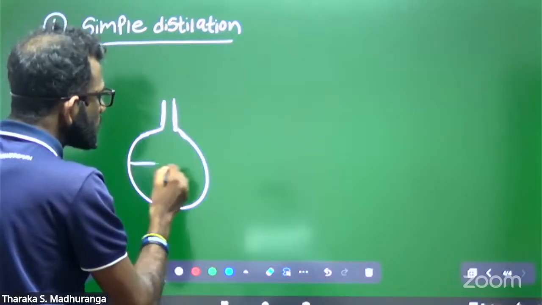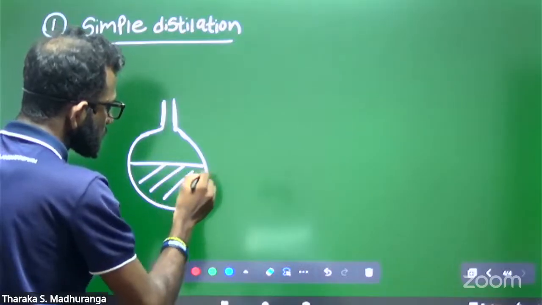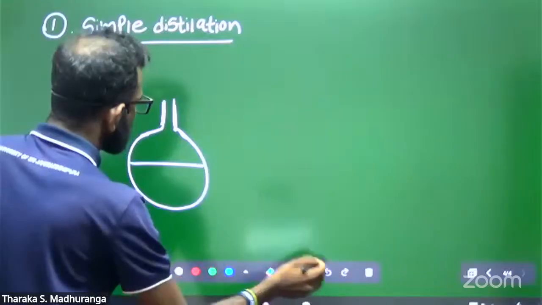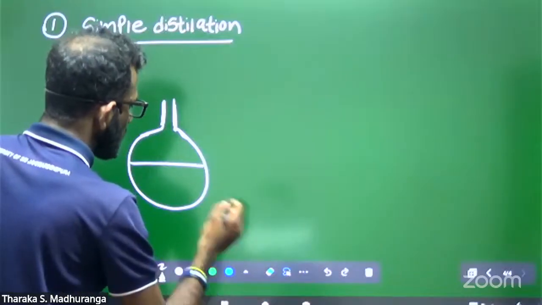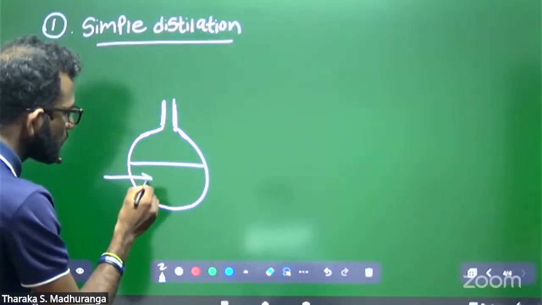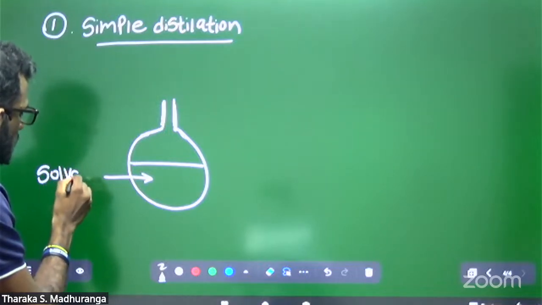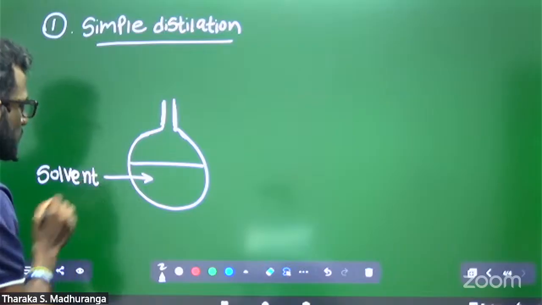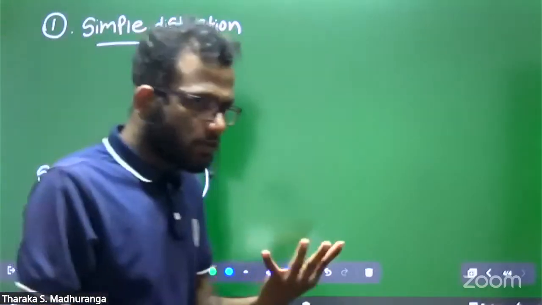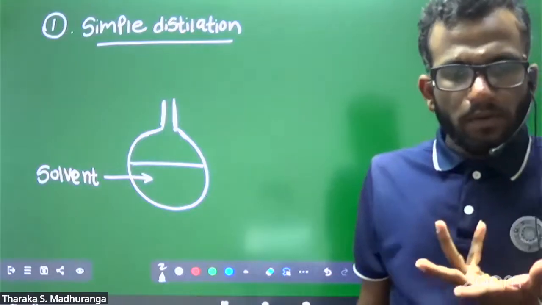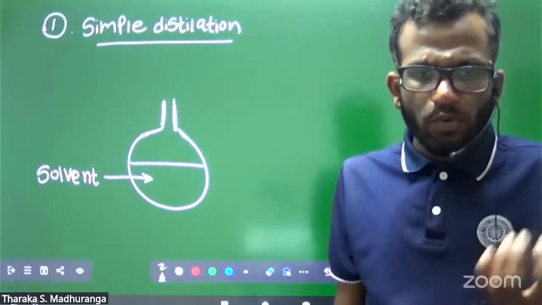And this is the solvent. Round bottom flask plus solvent. You need to find a suitable solvent according to the polarity we discussed.